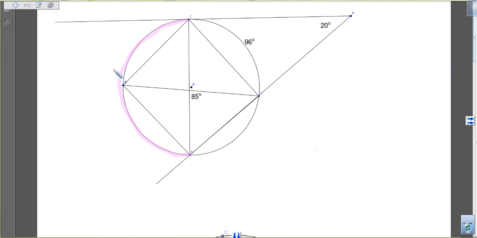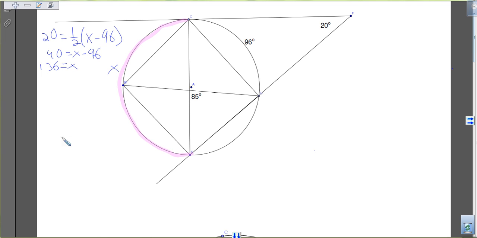So the measure of this arc, which I'm going to call x, is in fact equal to, or excuse me, the angle involving that arc, 20, is equal to 1/2 of x minus 96. Okay. Now, I do all that solving, multiply by 2, 40 is equal to x minus 96, and we get x is equal to 136.